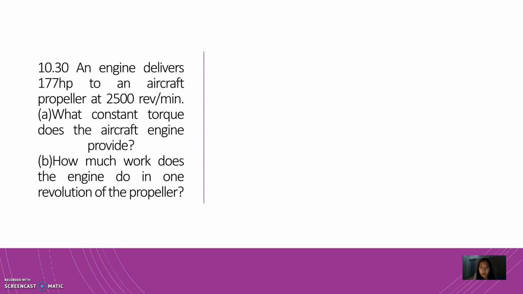Problem 10.30. An engine delivers 177 horsepower to an aircraft propeller at 2,500 revolutions per minute. What constant torque does the aircraft engine provide? B. How much work does the engine do in one revolution of the propeller?